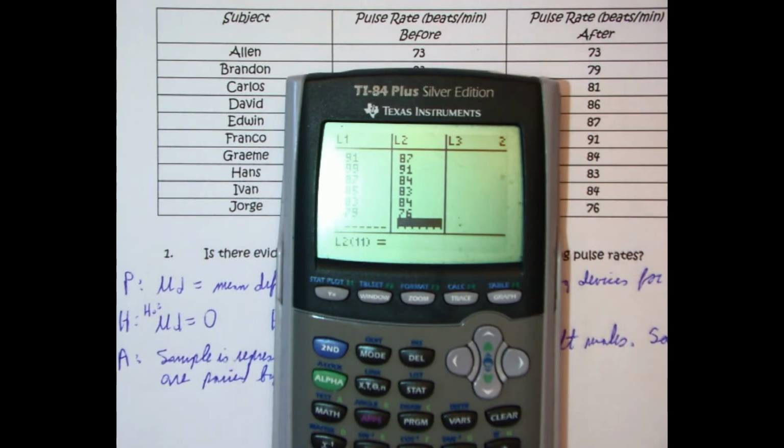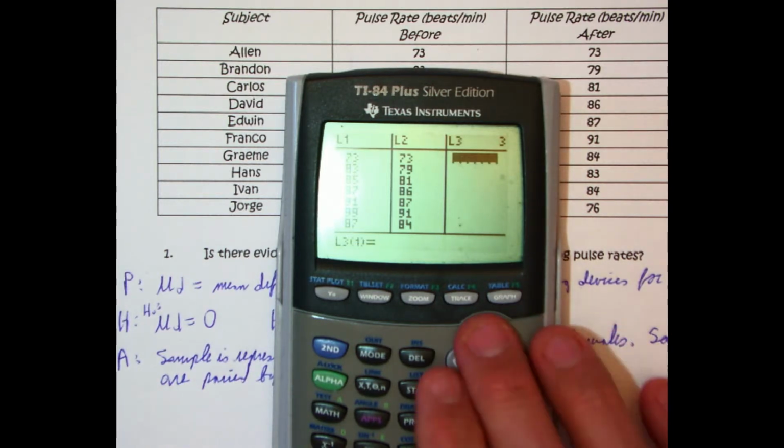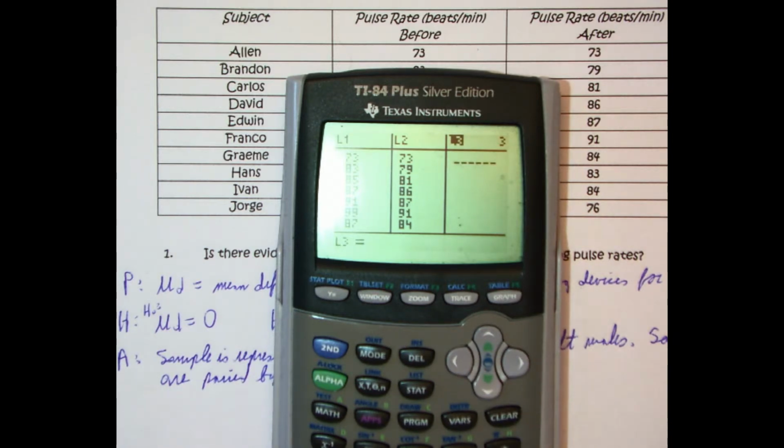All right, so it's in your calculator. Now, here's what we're always going to do. In L3, you've got to go to the top. Don't put it in the first row. Go to the top. If you want to see if pulse rate went down, you would have to do the after minus the before.